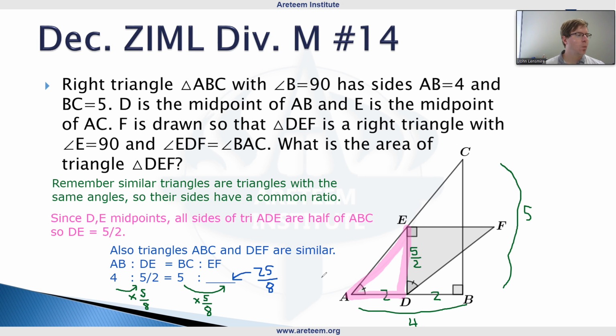Now, why are we done basically at this point? Let me erase this so I can work on the side here. For finding the area, the area is equal to 1/2 base times height, divided by 2. And now we have all of our information. The base is 5/2. The height is 25/8.